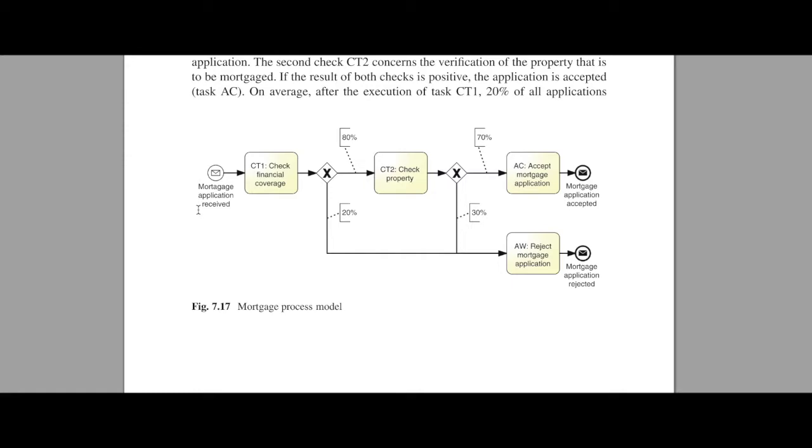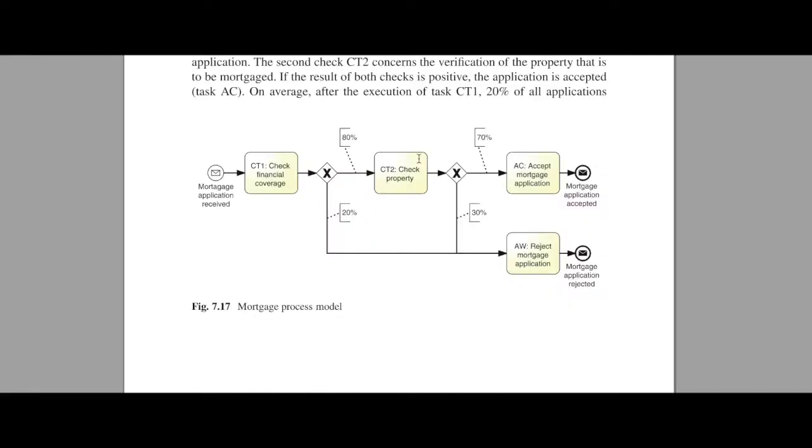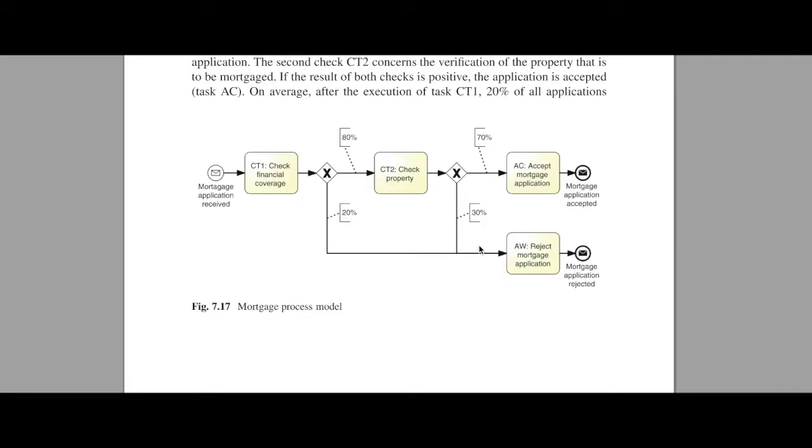In this case, the probability for any case to be served by CT1 is 100%. So we have the probability of CT1 equals 1. The probability of any case to be served by CT2 is 80%. So CT2 probability is 0.8, and so on.